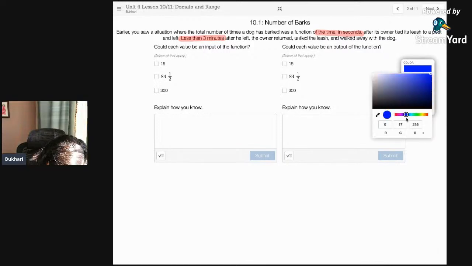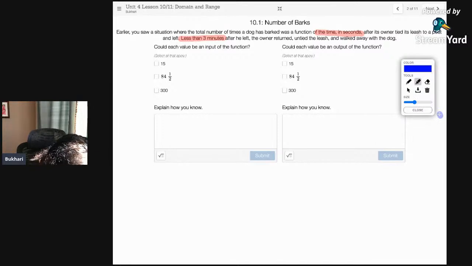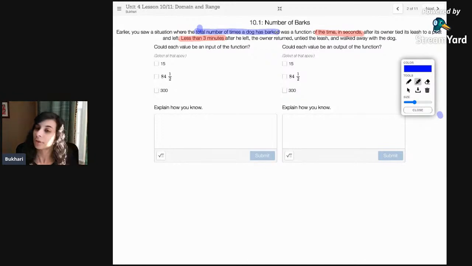On the other hand, I'm looking for my output. My output is the total number of times the dog has barked as a function of time. Looking at the time, I know that at 2:13, the dog has barked 14 times. The number of times the dog has barked depends on my time.